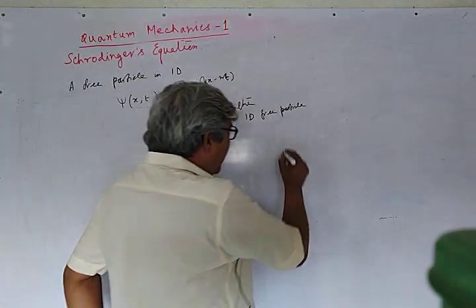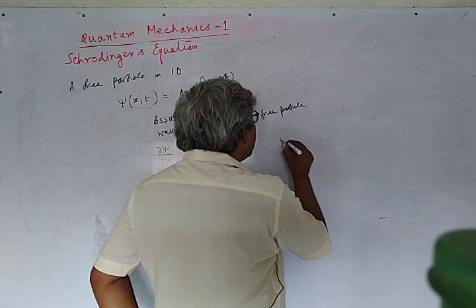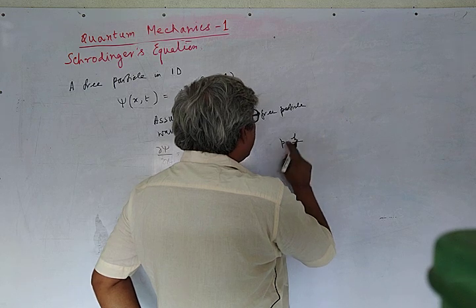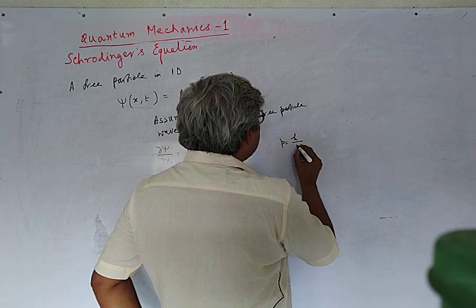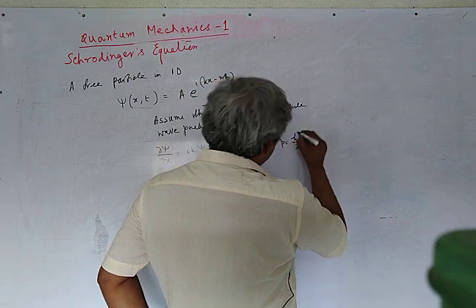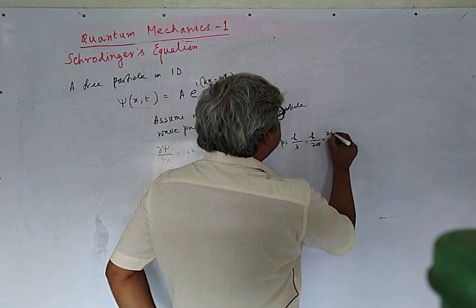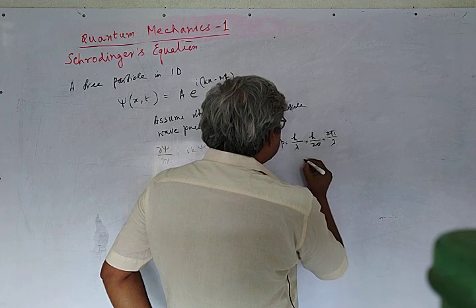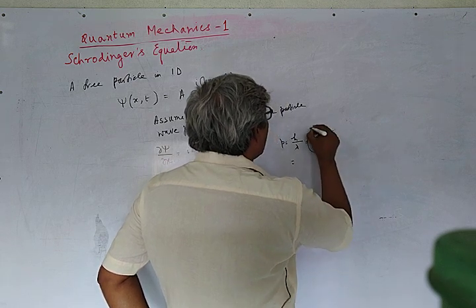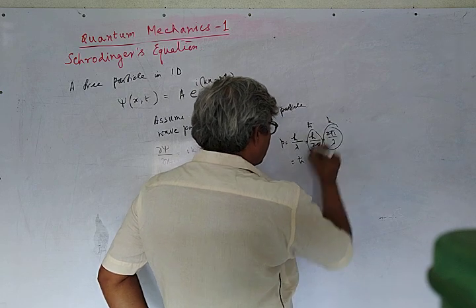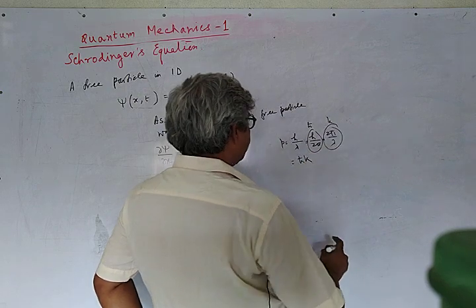Now we know the momentum is given by h cross k. Momentum is h by lambda, which we write as h upon 2 pi into 2 pi by lambda. This h by 2 pi is called the reduced Planck's constant, h cut, and this is k, so this is h cross k.